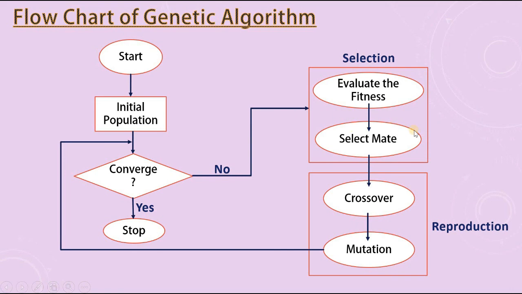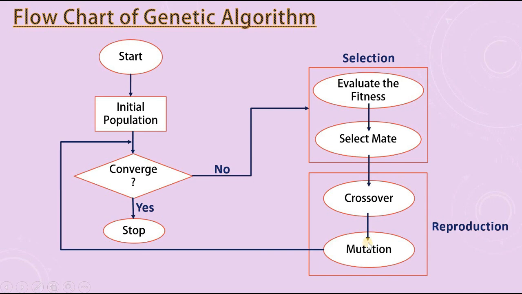That process is named select mate, and the mates are selected for reproduction. Then the crossover operator is used to generate from the selected parents one or many new offsprings.